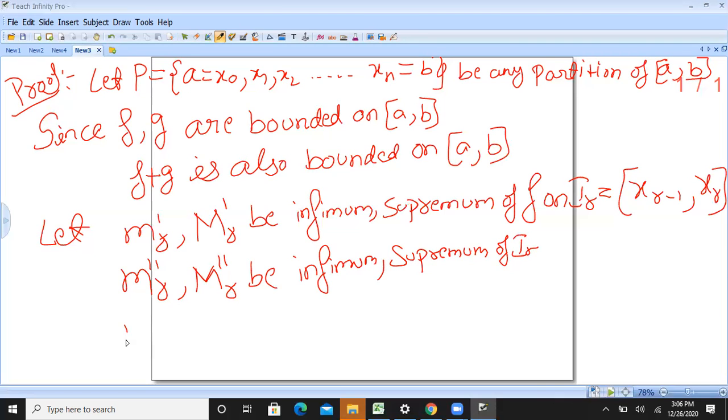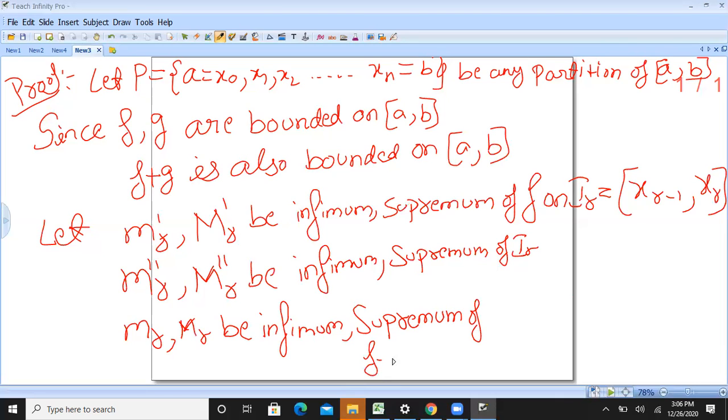After that, small mr dash, comma, capital MR dash, be the infimum and supremum of f plus g on IR. Okay.